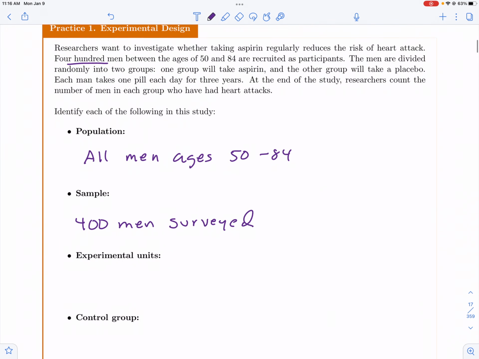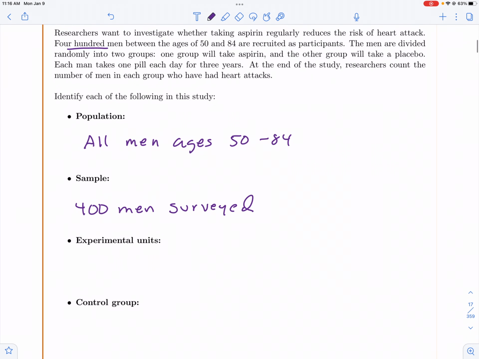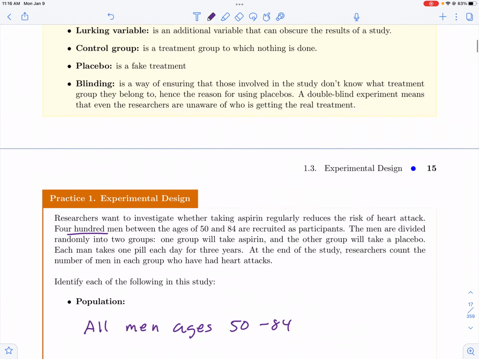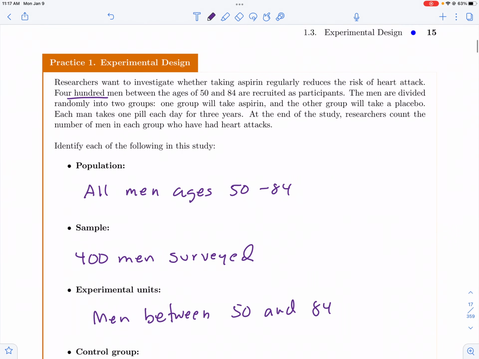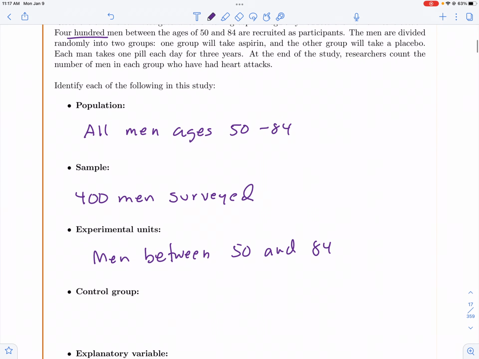So our experimental units in this case are these men that we're studying, men between 50 and 84. And our control group is the treatment group to which nothing is done. So in this case, our control group are the ones that are getting the placebo.